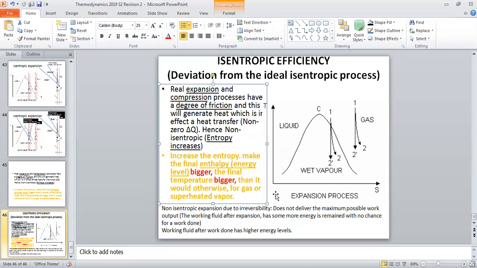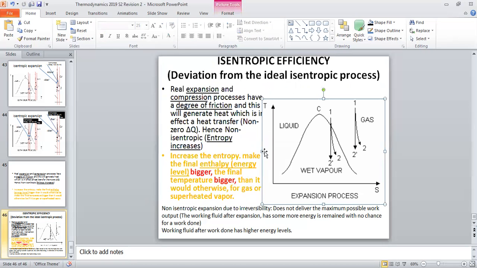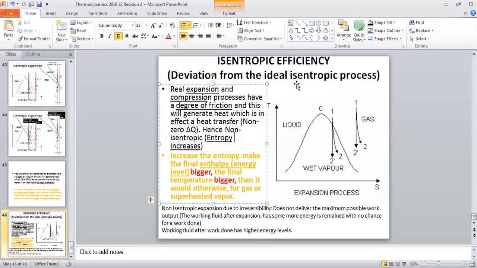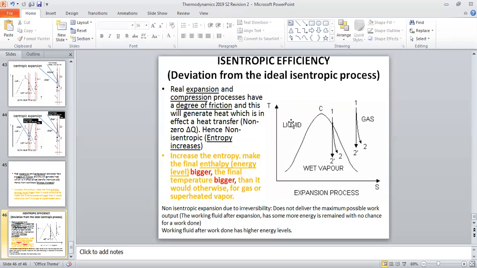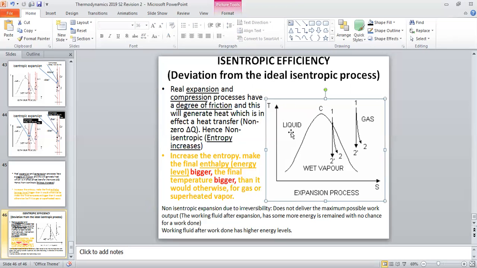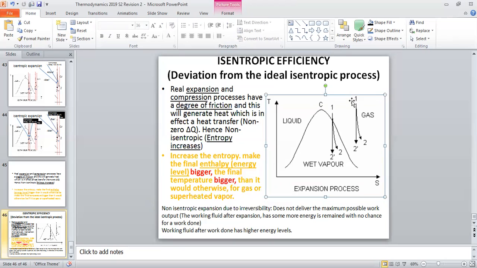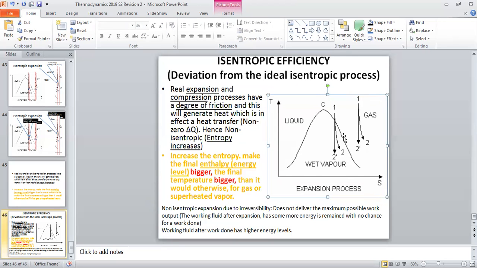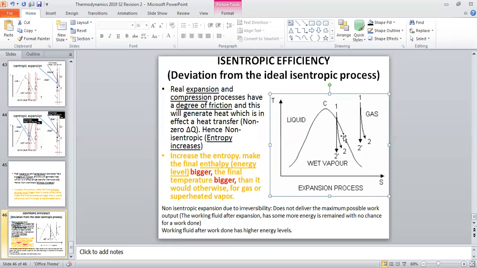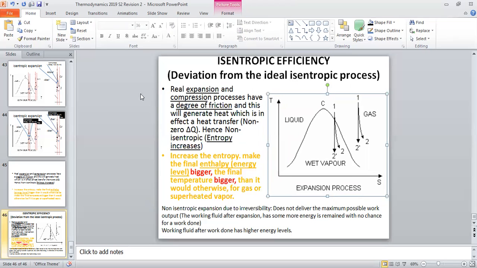So at the end of the process, there are higher energy levels if not isentropic. Compared to isentropic, high energy levels mean higher temperatures and higher entropies, because temperature represents the kinetic energy levels, mainly for the movement of the molecules.